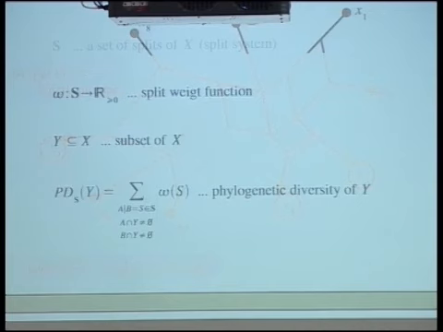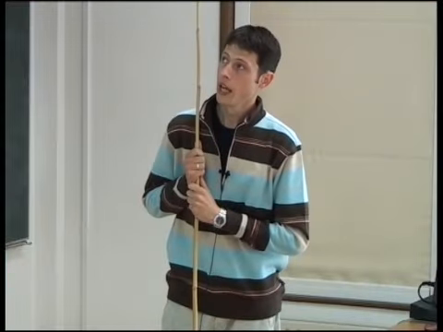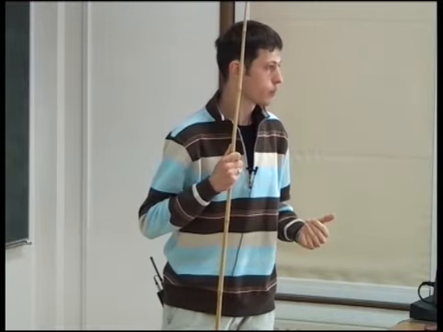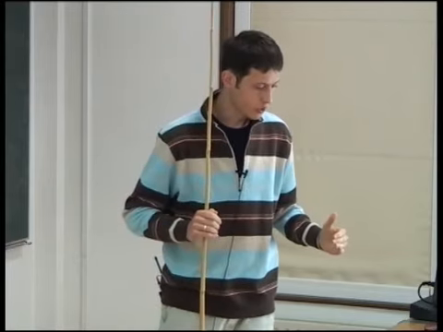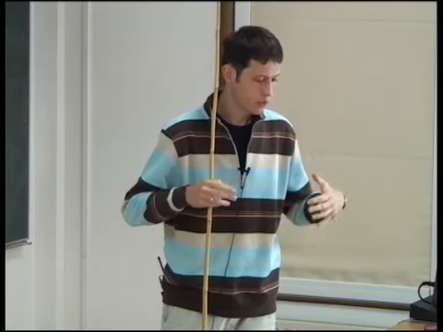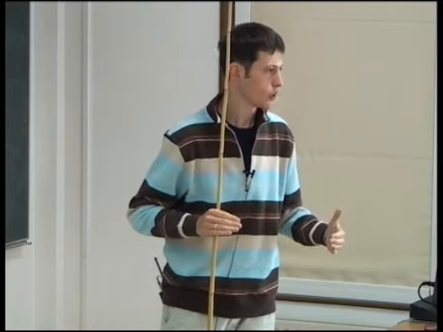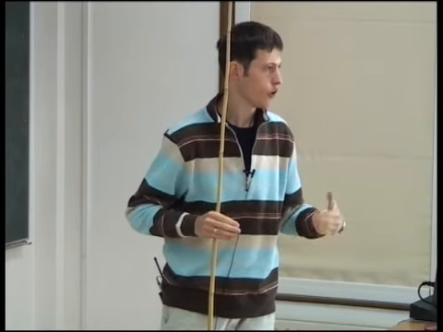This is an ugly slide, no picture on it. You're just given a set of splits of your given set of taxa. And then for each of the splits in this split system, you have a non-negative weight. Then for a subset of your taxa, you would like to define what is the phylogenetic diversity of this subset with respect to this weighted split system.